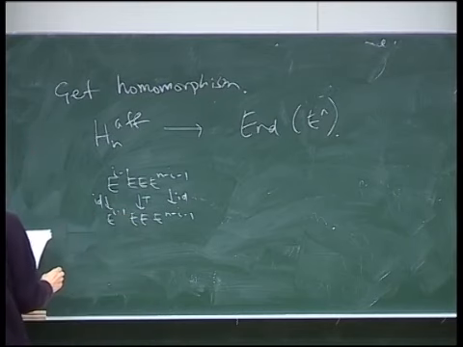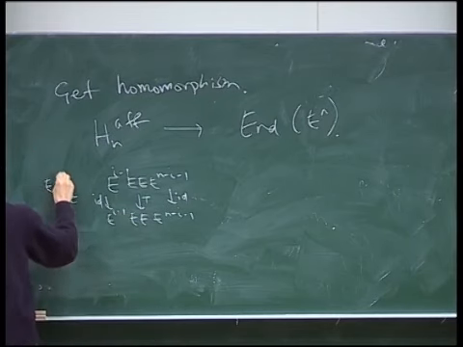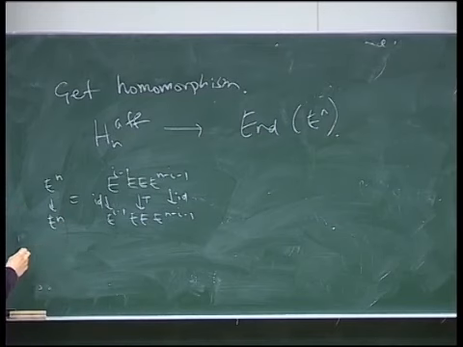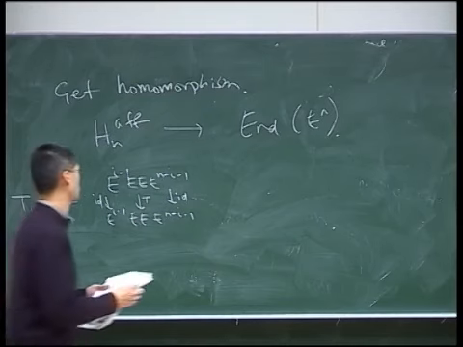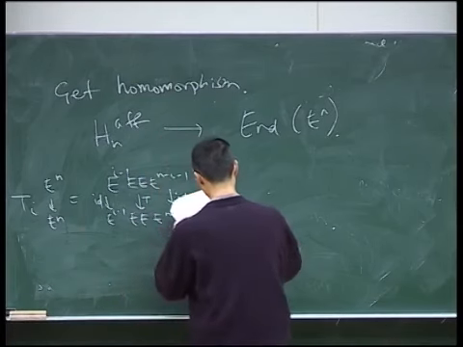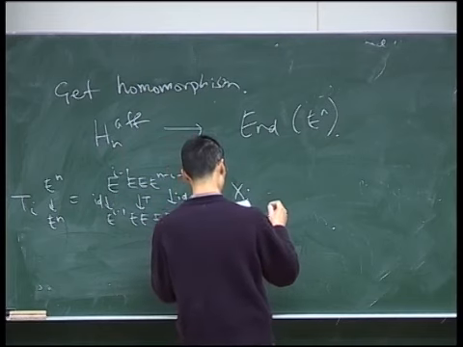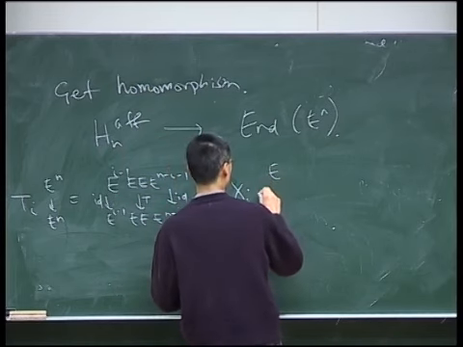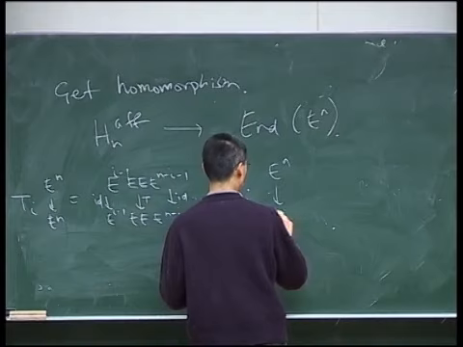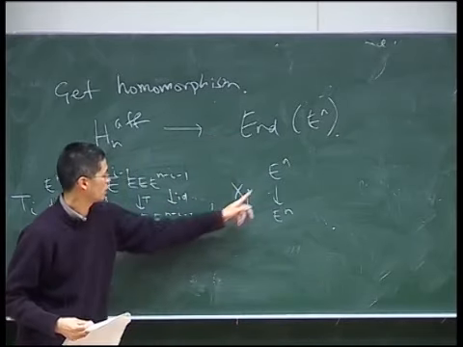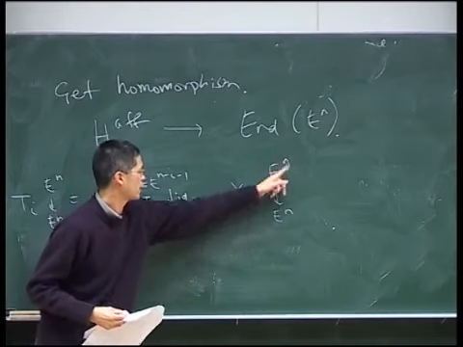This we define to be the action of the generator ti. Similarly, xi is just the action of x on the ith factor of e to the n.